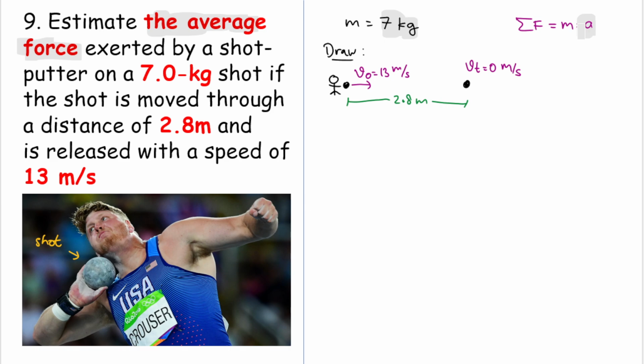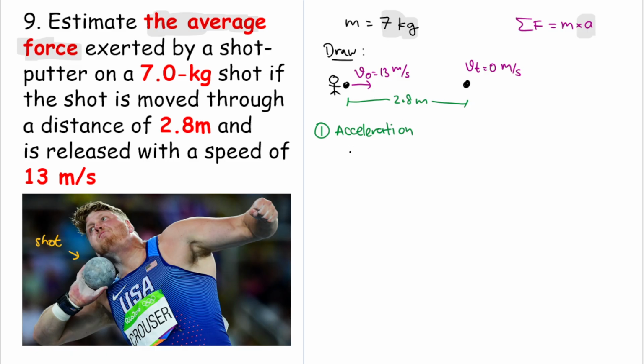So we need to find the acceleration first, and that is the first step of this analysis. We can assume that the trajectory is a straight line, so we can use kinematics.